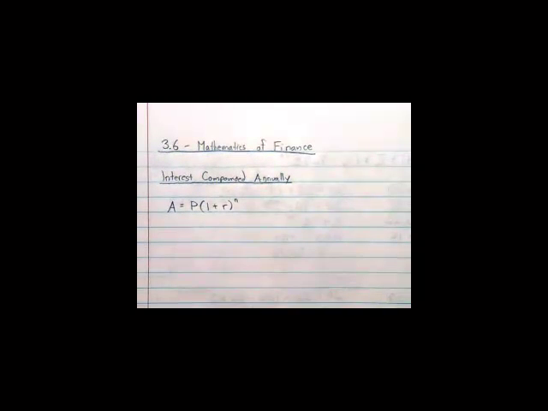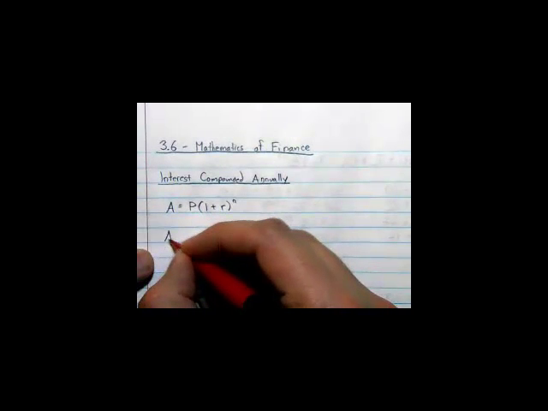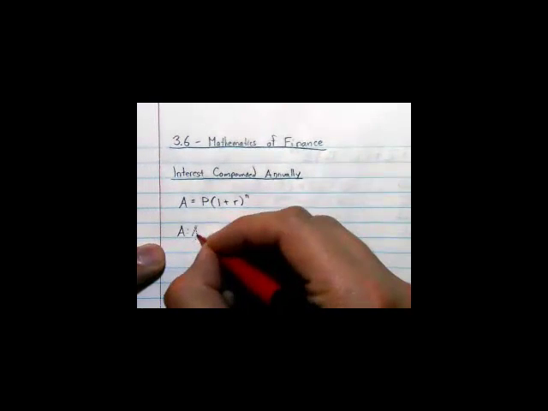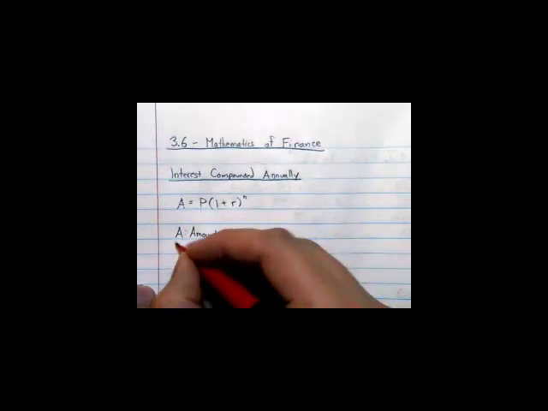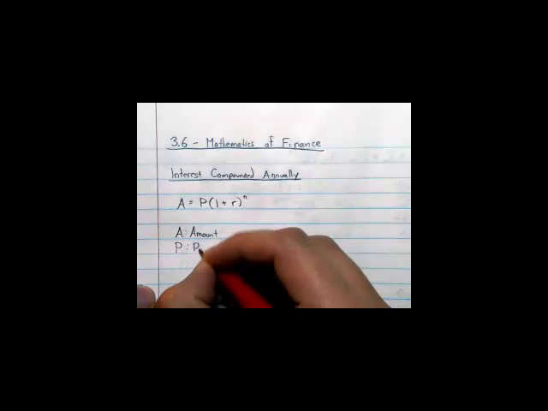It is A equals P times (1 plus R) to the N. And what all of these variables are in here: A is simply the amount of money that you will end up with when you're done. P stands for principal.